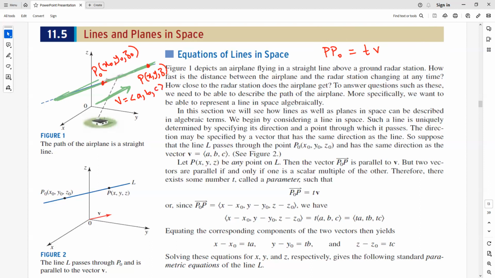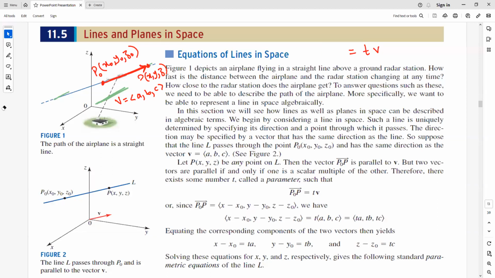If I join these two, I can find a position vector. P naught is the initial point, and we have also the terminal point, that is P. Then from these two points I can find the position vector, that is P naught P.